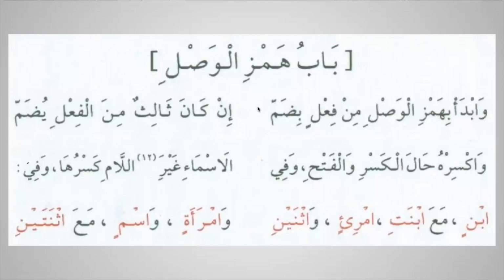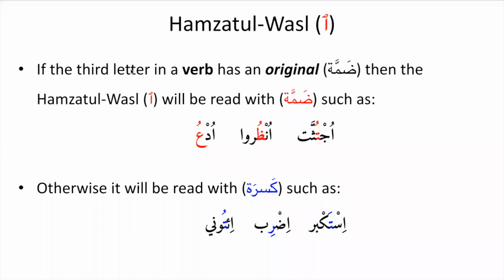So we'll look at each of these rules in more detail, starting with the verb. So we said if the third letter in a verb has an original dhamma, this is very important. We're talking about verbs, and we need to make sure we specify an original dhamma that's supposed to be in the construction of the word.